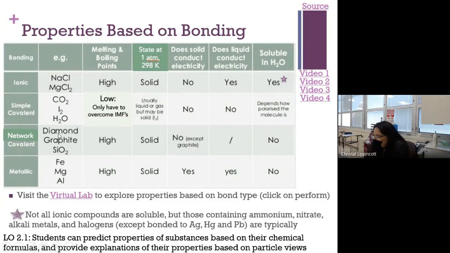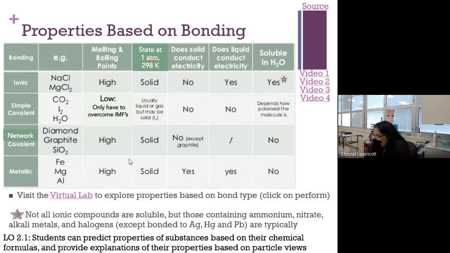Network solids then are your diamonds, graphite, silicon dioxide, like sand. High melting points, solid at room temperature, does not conduct electricity except graphite. It's just kind of weird. Liquid conducts electricity. We don't usually see these. There's so much energy that has to go into this to get to a liquid form that it's kind of irrelevant.